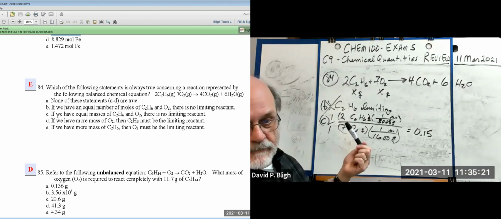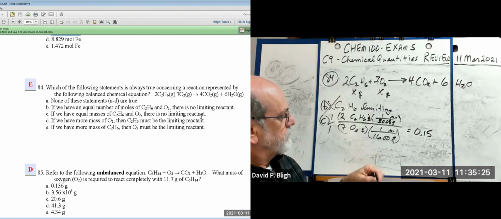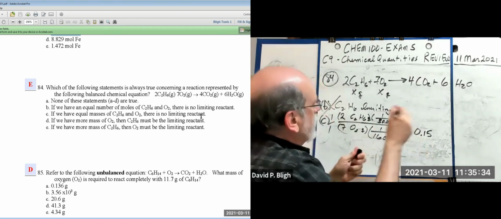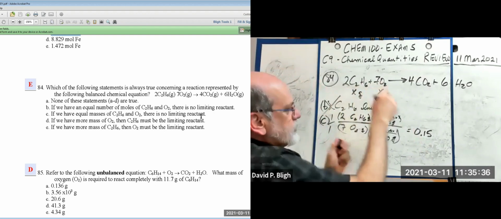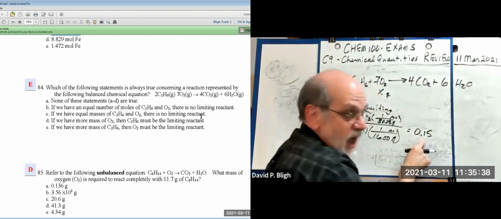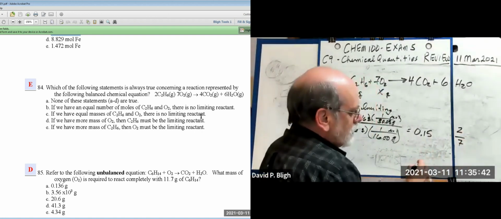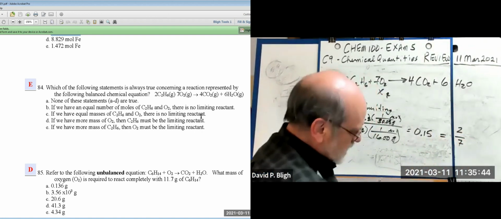For C, if we have equal masses, there's no limiting reactant. All right, so if this is the ratio, what's the ratio of 2 to 7? So if this is not 2 to 7, it has to be that.